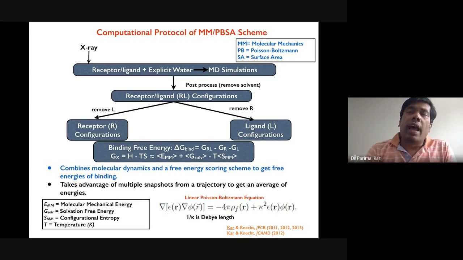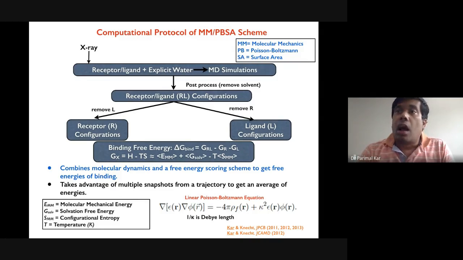Okay. So here, what you are doing basically in this MMPBSA scheme, you are combining molecular dynamics simulations and a free energy scoring scheme to get a free energy of binding.